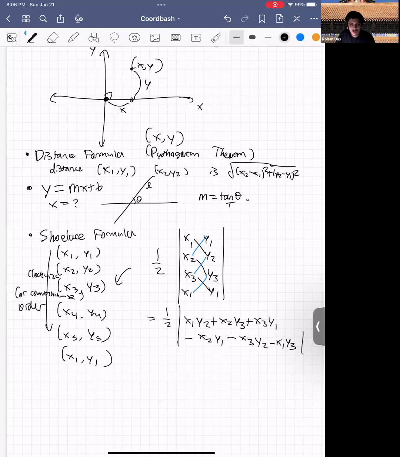Then there are some other formulas that show up every now and then. One such formula is the distance from a point to a line.